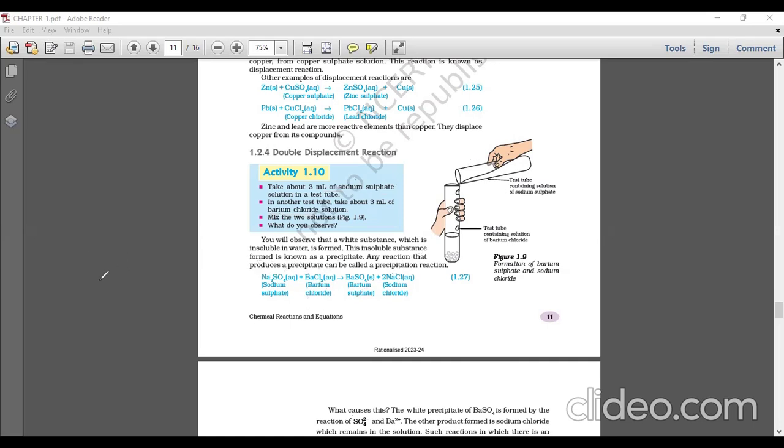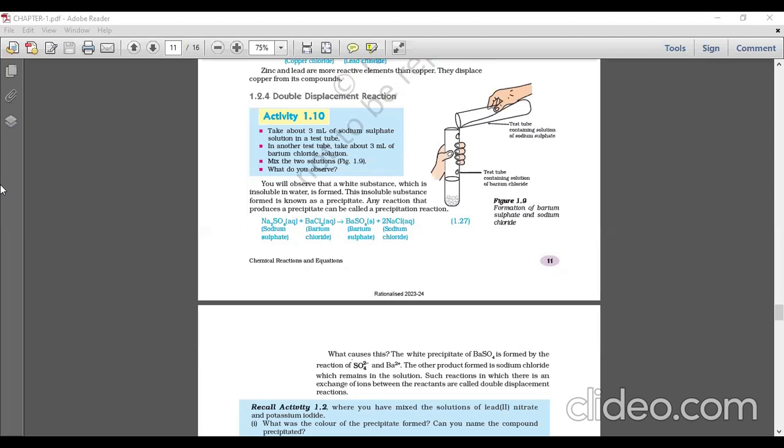Suppose if it is asked in the exam to give some more examples, you can write one more example.